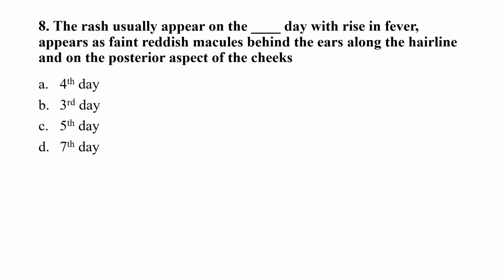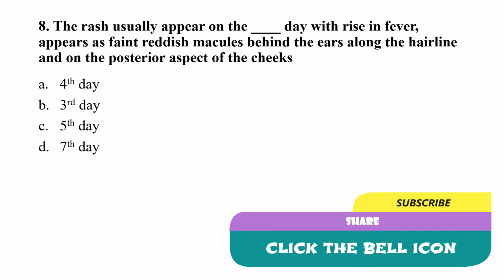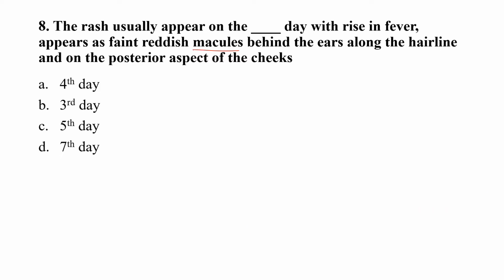Question number 8. The rash usually appears on the dash day with rise in fever, appears as faint reddish macules behind the ears, along the hairline, and on the posterior aspect of the cheeks. Macules are flat discolored areas on the skin.